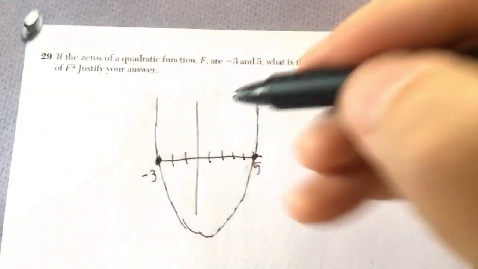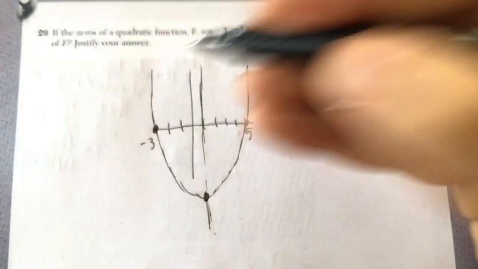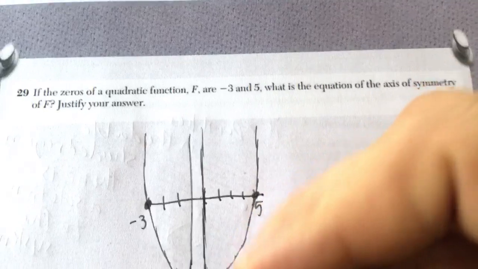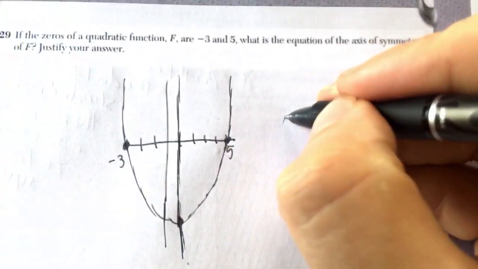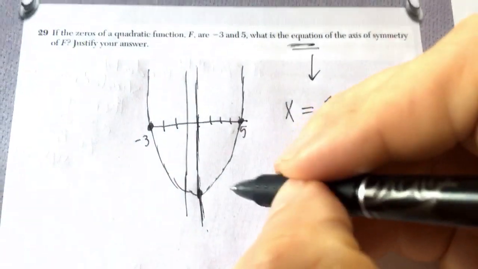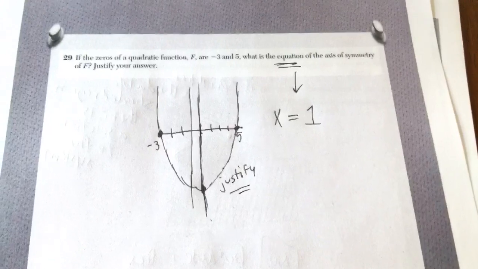Now the axis of symmetry is a line that goes through the vertex, which occurs kind of at this halfway point. So if this is my parabola that goes through negative 3 and 5, then you could say my axis of symmetry is x equals 1. Notice how it says equation. This is why I need to have an equal sign. This drawing is my justification.